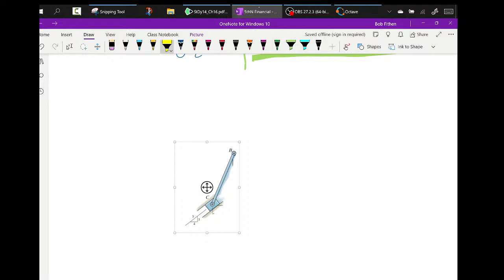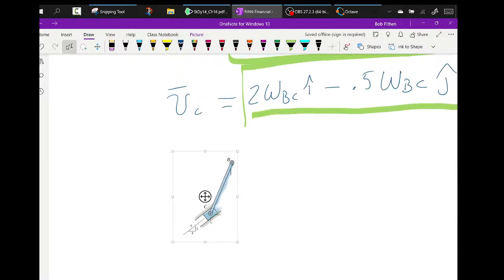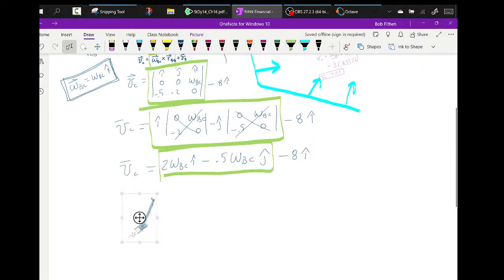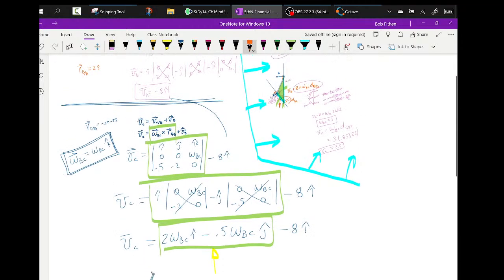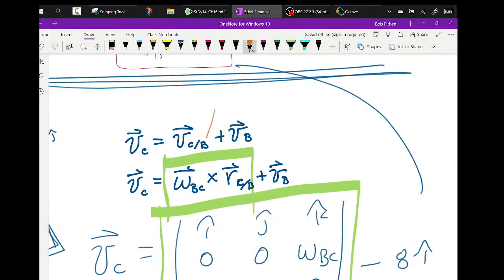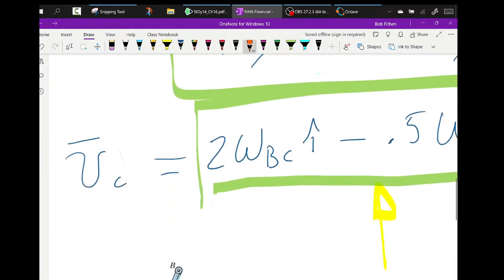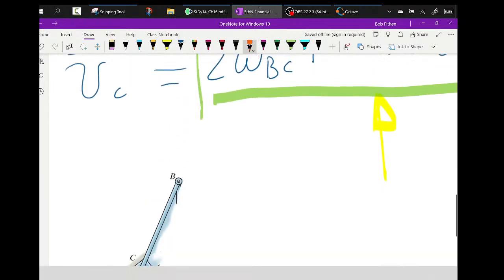So let's look at this thing. Now, mentally, what is this in the green? What that is in the green is I am sitting on B, observing C. I am sitting on B. It is as if this is fixed to me.